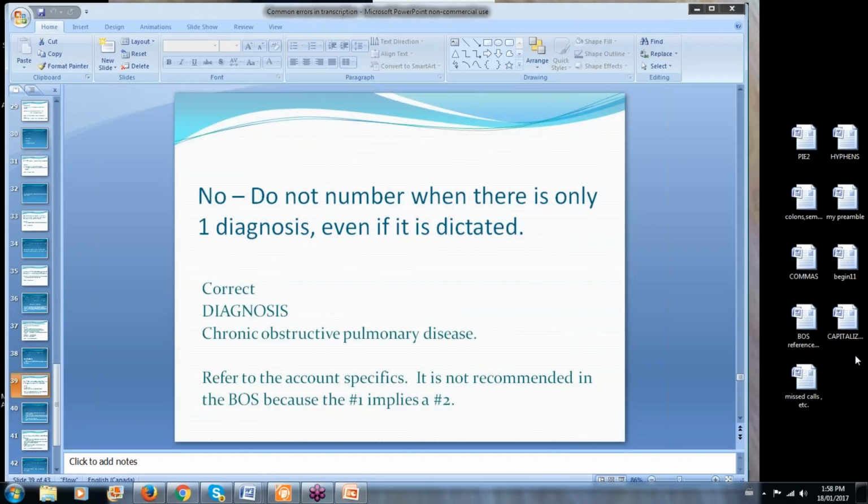Okay, I think mostly everybody got that right. What if there's a subscript for the diagnosis? Do we number then?